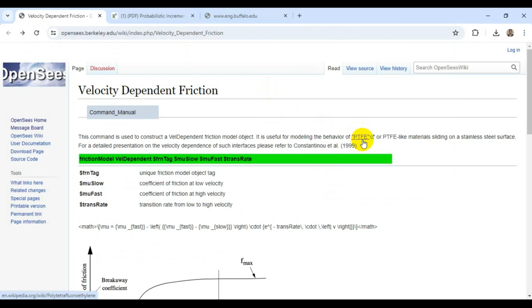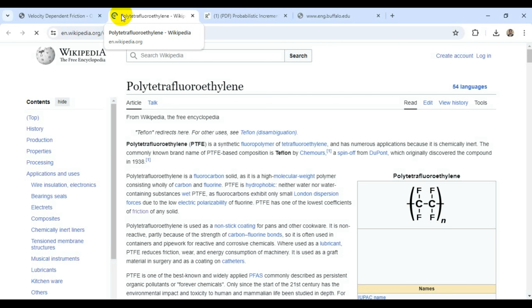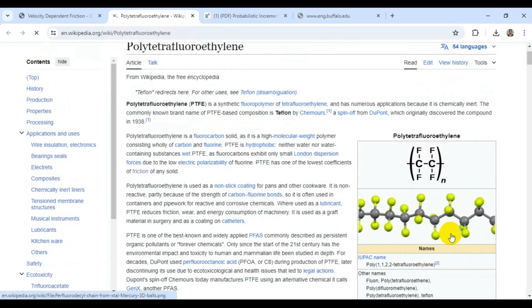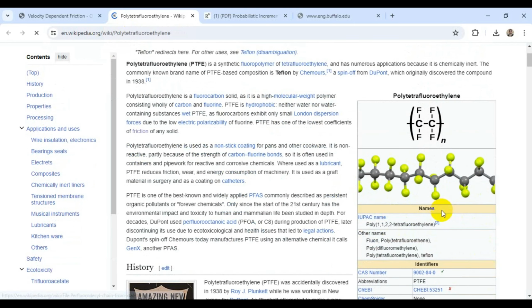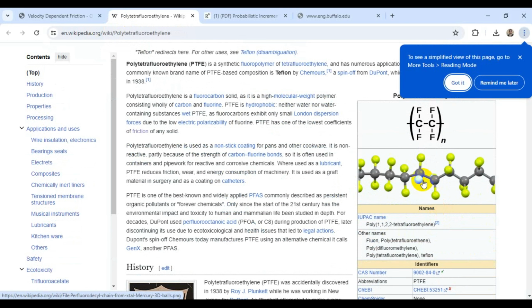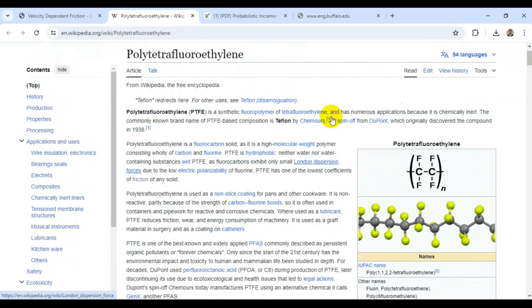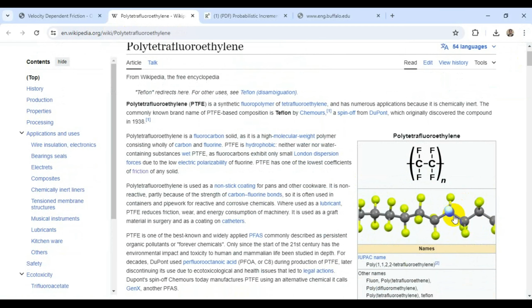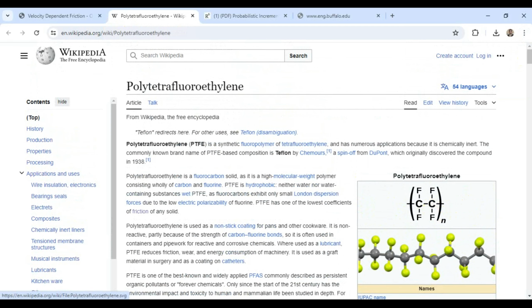Another discussion is on the material. This is PTFE. Let me open this PTFE material and look at its structure. Tetrafluoroethylene is the nomenclature of this material, and that is why it is important in the discussion of this OpenSees modeling environment.